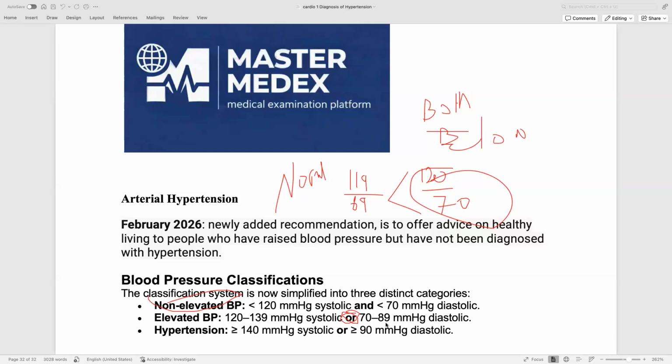Give me the range of healthy. 18.5 to below 25.